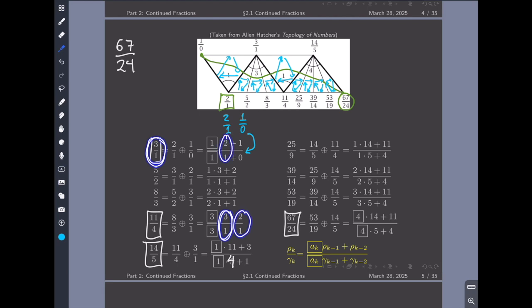And now when I move to the next one, 11/4, I have, what did I say? No, sorry, 3/1, and I move to the next. Yes, so this I already did. Okay, sorry. I move to the next one, and then what I have here is the previous one in a box plus the other previous one in a box.